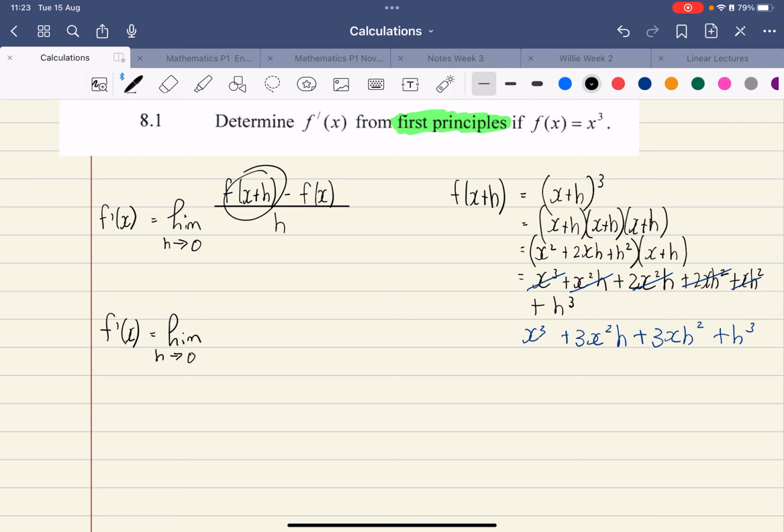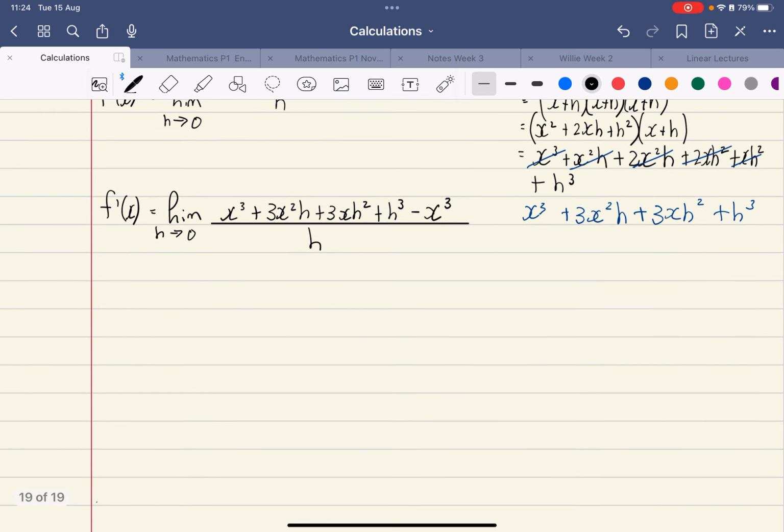So we continue. x cubed plus 3x squared h plus 3xh squared plus h cubed, minus our f of x, which was x cubed, all over h. We were just grouping terms here, that's all we were doing. Right.